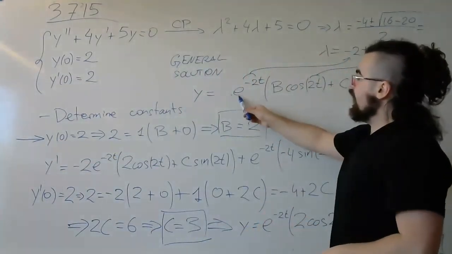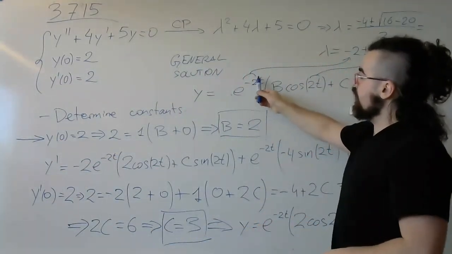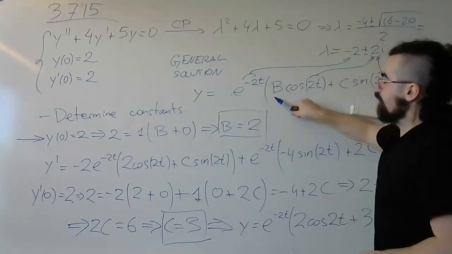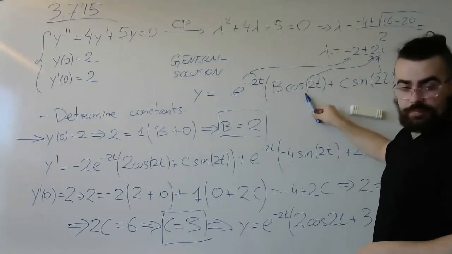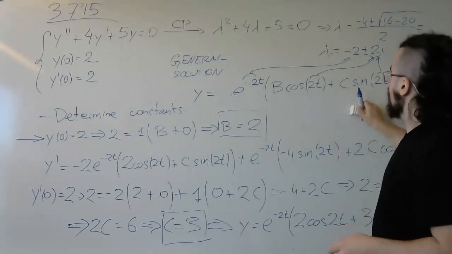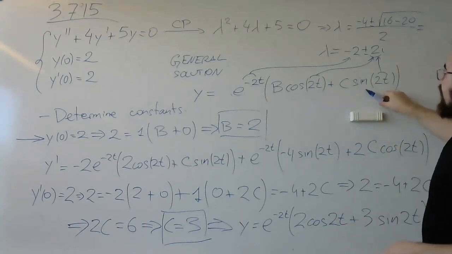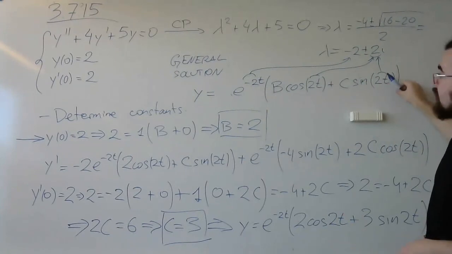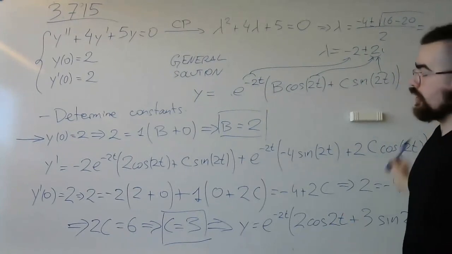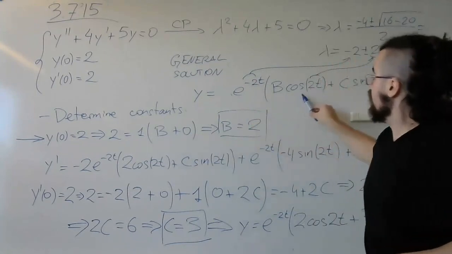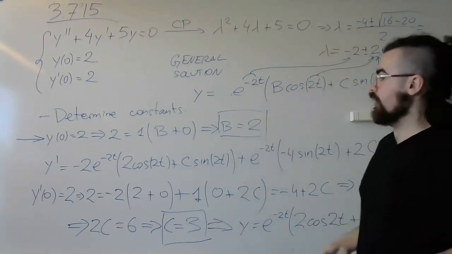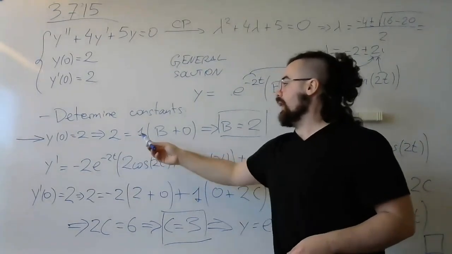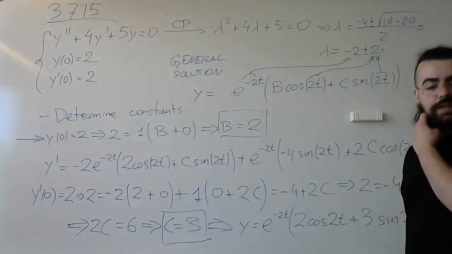Here we have e in power minus 2 times 0, which is 1, b times cosine of 0, which is b times 1, b, plus c sine of 0, which is 0. So we substitute everything, b and 0. And so when you put all this together, you have 2 equals b. So that equation has solved itself.